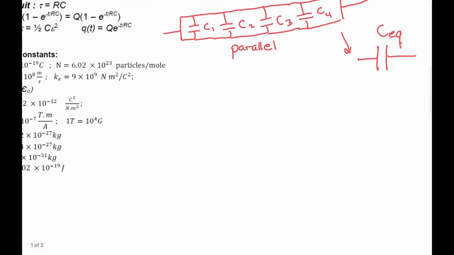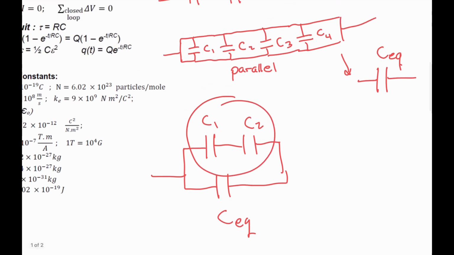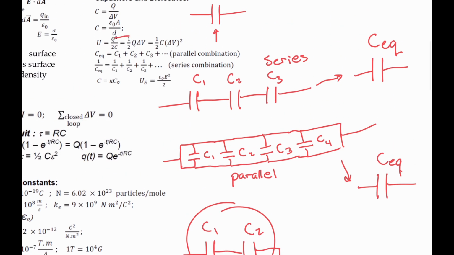If you had a slightly more complicated scenario where you had, for example, 2 capacitors here and then maybe a third one in parallel, what I would do here is combine first these two with the series combination. So series combination is right here.